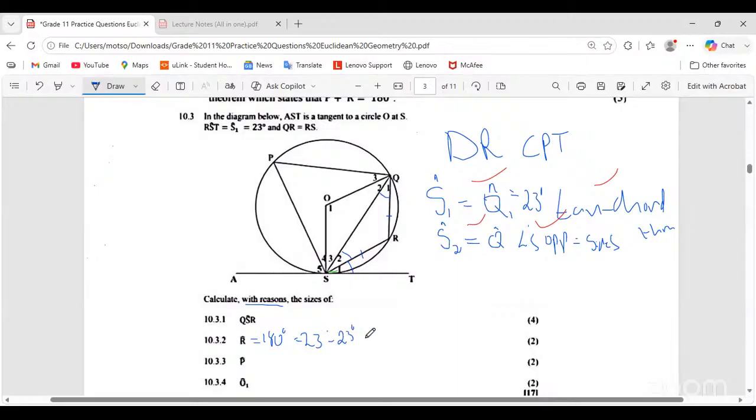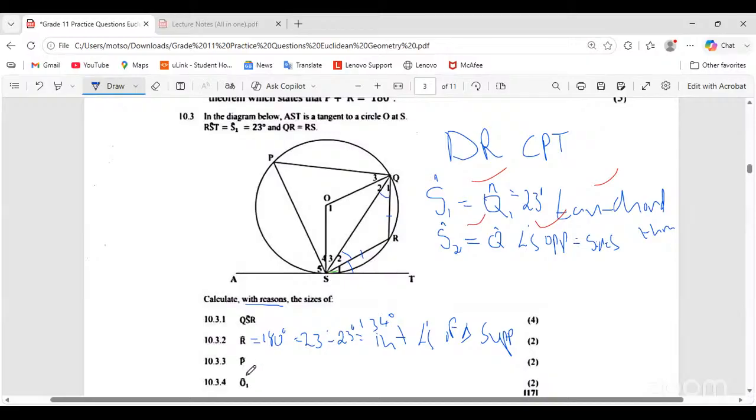The reason is that the interior angles of a triangle are supplementary. This gives 180 degrees minus 23 minus 23, which is 134 degrees. We go to the next one, 10.3.3.